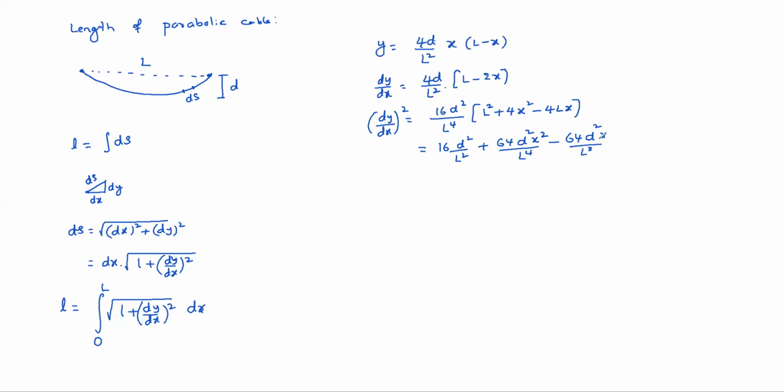That is dy by dx whole square. So what is 1 plus dy by dx whole square equal to? Of course that we can substitute, not a problem.